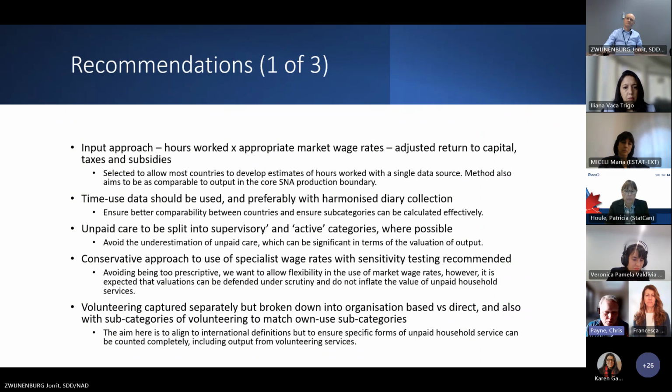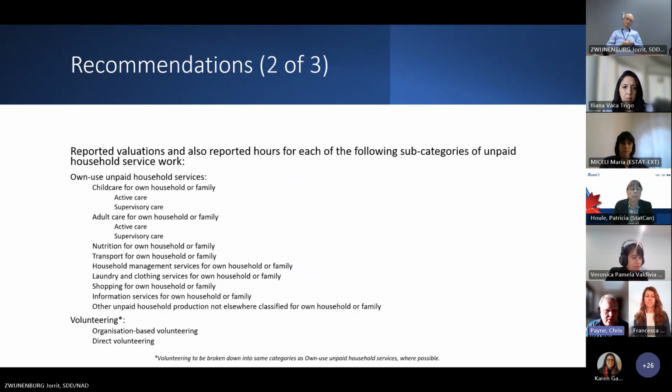It makes it much easier within the accounts themselves to then say this is the totality of adult care, whether it's for own final use or it's also captured in volunteering. And actually that makes a much cleaner concept then to compare against the similar market activities. Otherwise, there's a risk with volunteering that it's not clear what the nature of the volunteering is. Or we do recognise that volunteering will be a smaller sum than the own use unpaid household services.